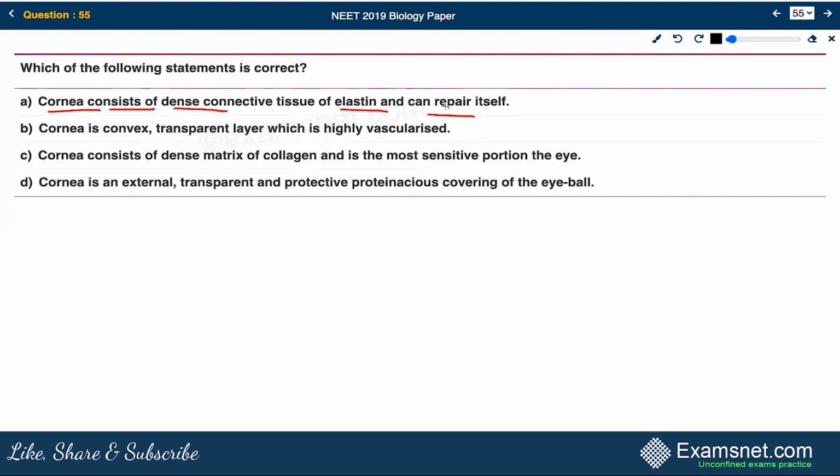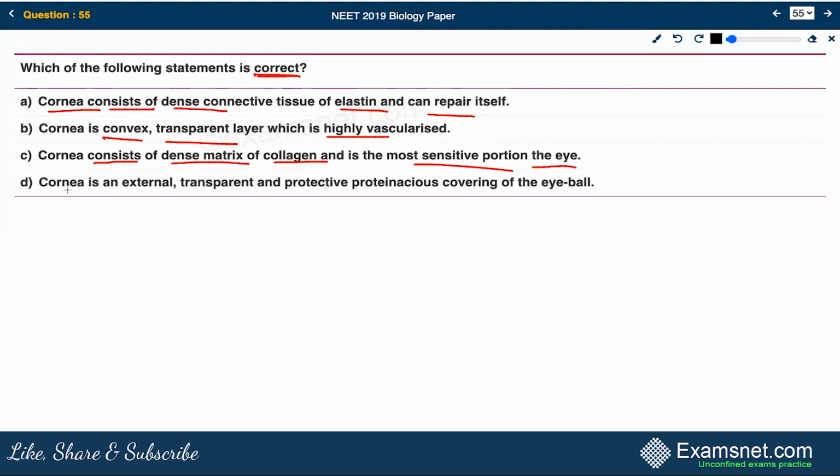Then the second statement says that cornea is a convex, transparent layer which is highly vascularized. Then the third says that cornea consists of a dense matrix of collagen and is the most sensitive portion of the eye.